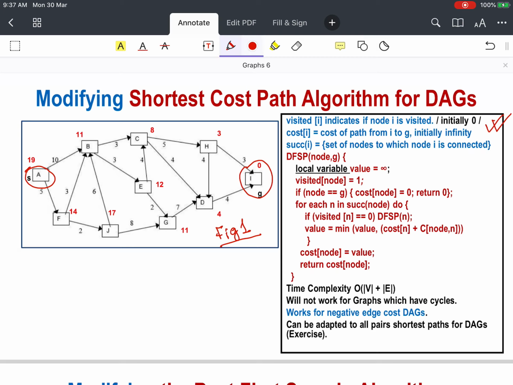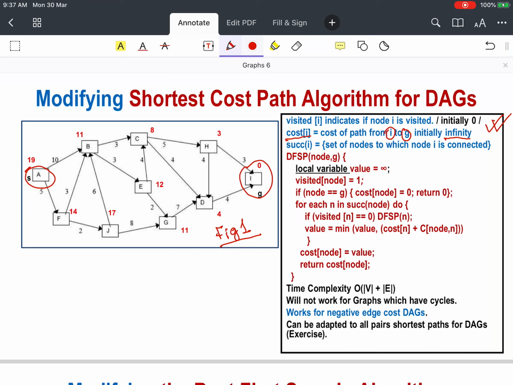And we saw that we did a depth first search algorithm, and the algorithm, as before in any depth first search, had a visited array which marked any node which was visited by the depth first search algorithm. It had a cost array where it marked the cost of the node from node I to the node goal, which was initially set to infinity for all nodes. And then it had the successor function as usual.